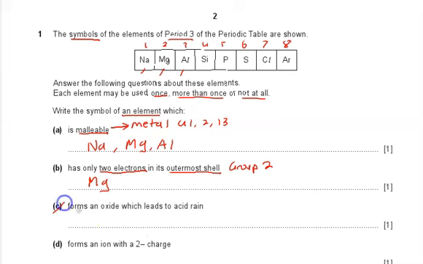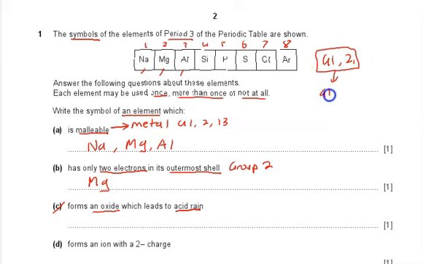Now, C forms an oxide which leads to acid rain. Please remember, the oxides of groups 1 and 2 are more alkaline.